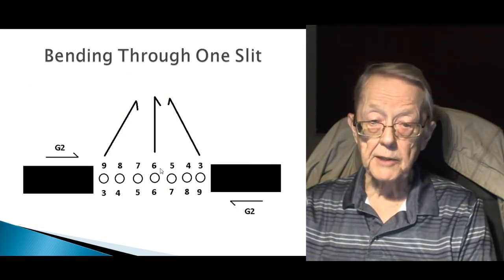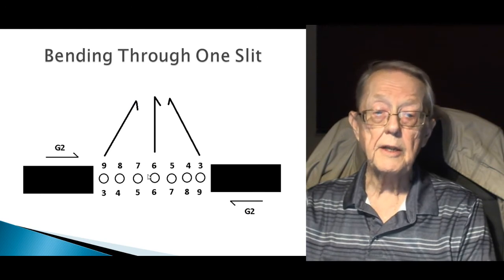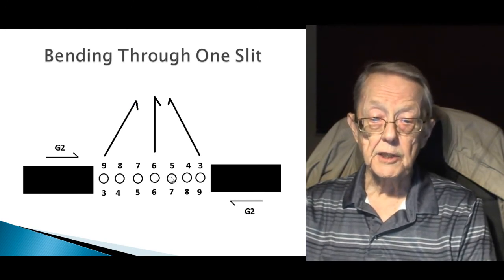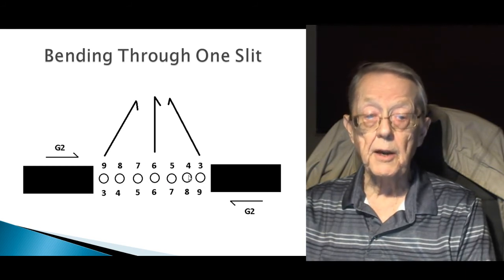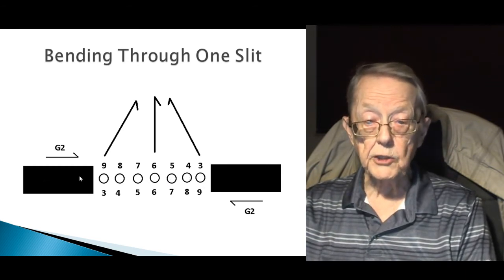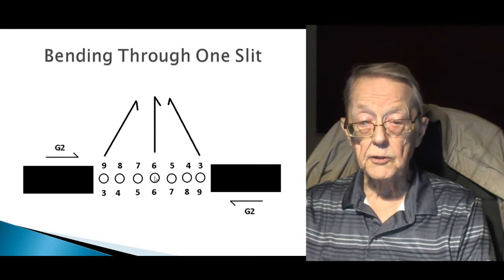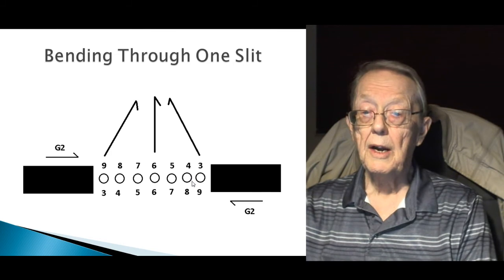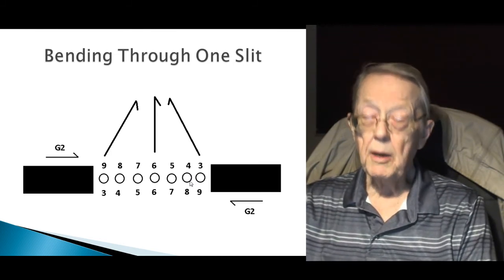This is almost exactly the same thing. You could look at this particle right in the middle as the core of the galaxy. This is the first arm, this is the second arm, and there is a G2 gravitational force field set up from 6 to 5 to 4 in almost the same identical way.